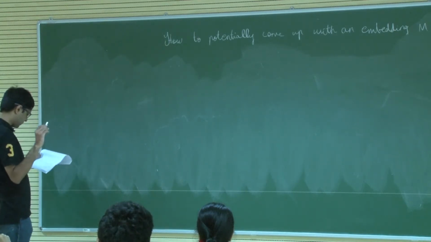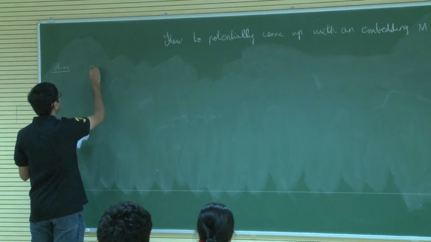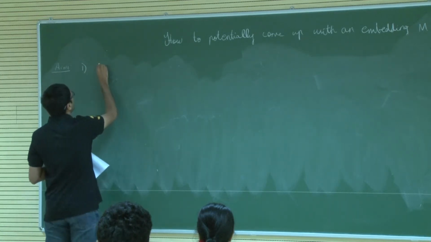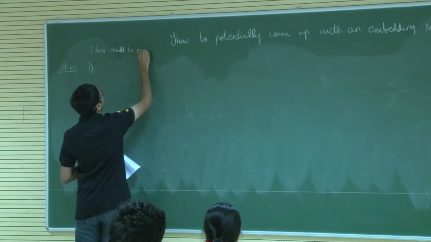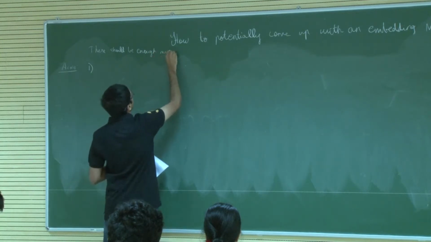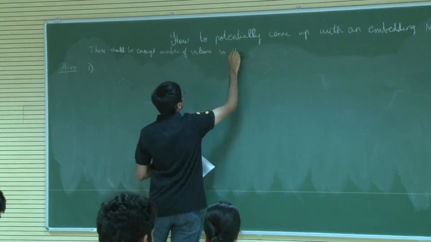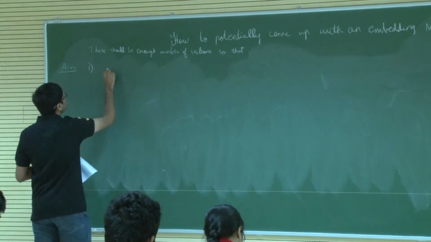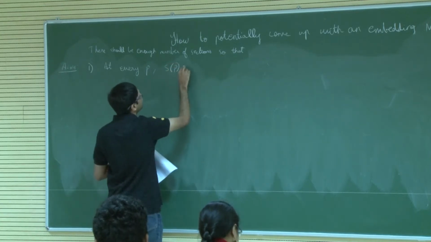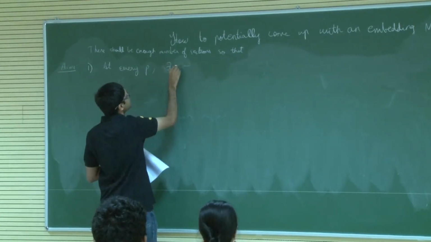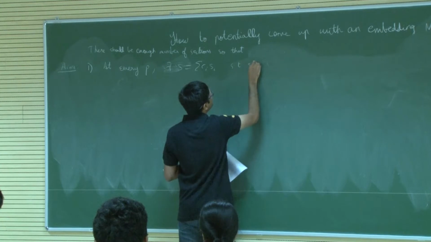Okay, so just to keep our aims in mind, let me write it down once. One, there should be enough holomorphic sections, so that the first requirement is at every point P, there exists a section S, which is some linear combination of a basis, such that S of P is non-zero.